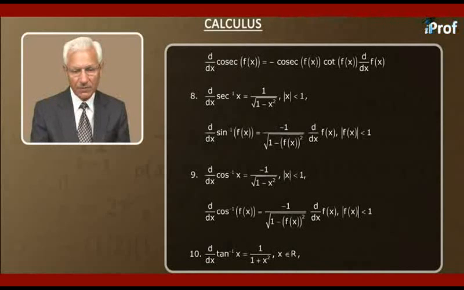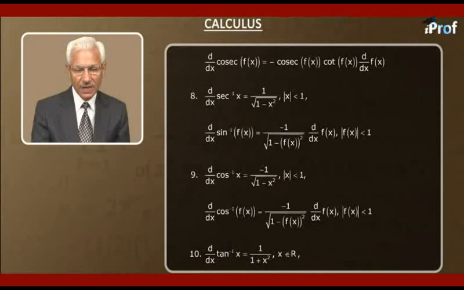Ninth, the derivative of cos inverse x becomes minus 1 upon square root of 1 minus x square for mod x is less than 1. This shows d by dx of cos inverse of f(x) becomes minus 1 upon square root of 1 minus f(x) square into d by dx of f(x) whenever mod f(x) is less than 1.